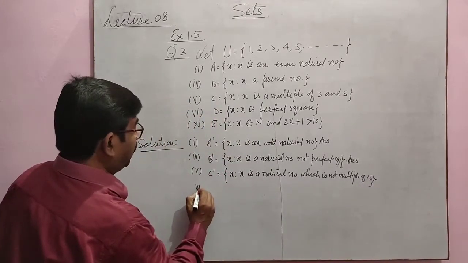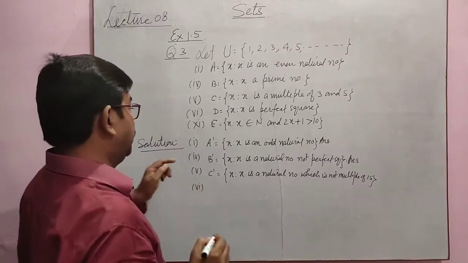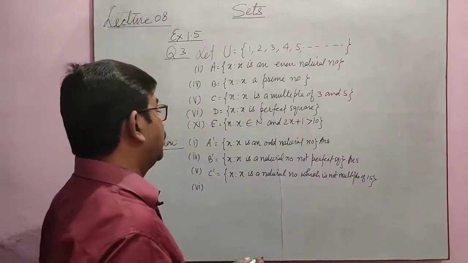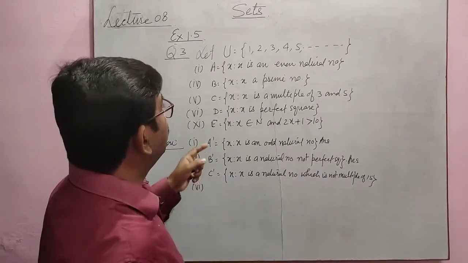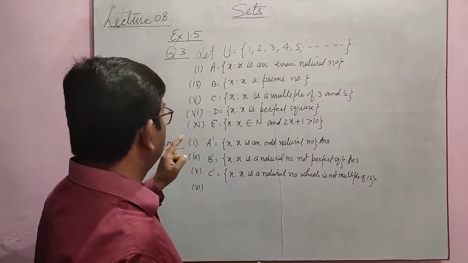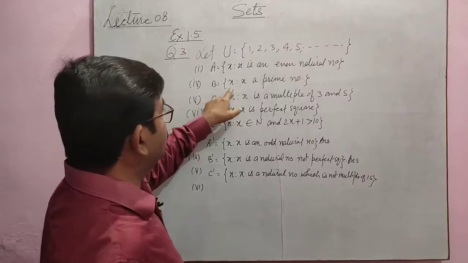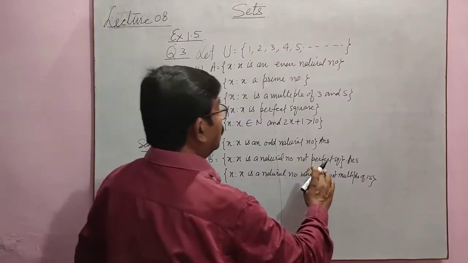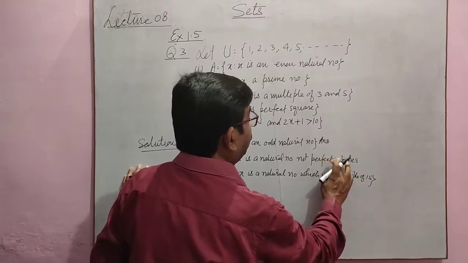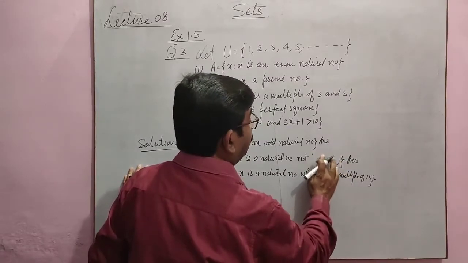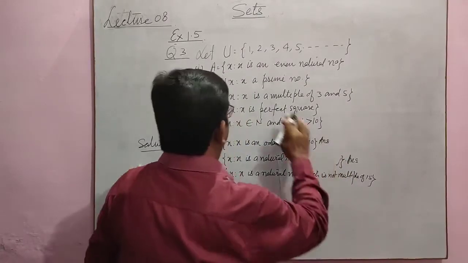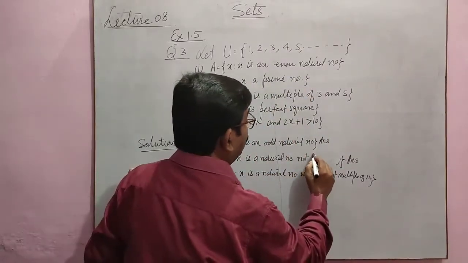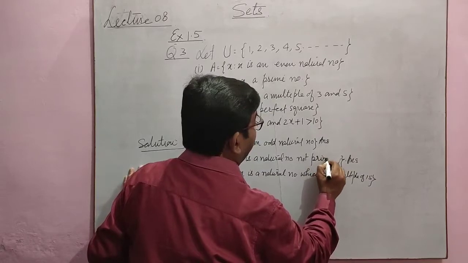We have the sixth part. See, x such that x is a perfect square. Actually, I have written it wrong. This one is prime number. So here we insert those which are not prime. In the second set we have prime numbers, so we need those which are not prime.